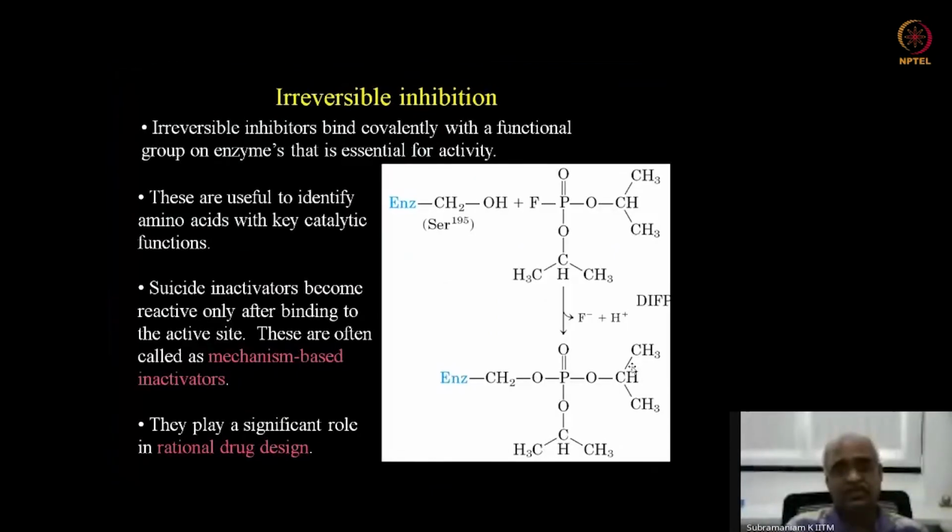And there are irreversible inhibitors. They covalently modify residues on the enzyme, oftentimes the active site residue, the residue that actively participates in catalysis. And they are useful to identify what residues are in the active site. For example, take the chymotrypsin serine hydroxyl group, serine 195, on the enzyme. 195 indicates the amino acid position from the N-terminus.